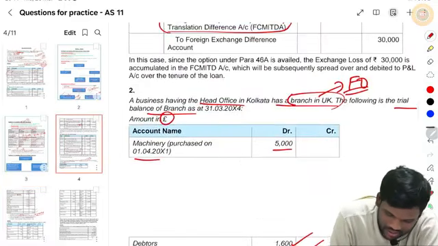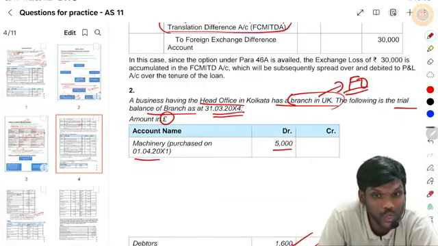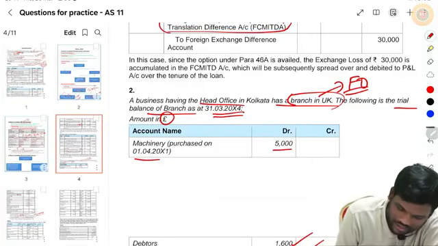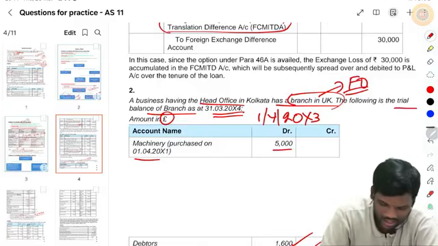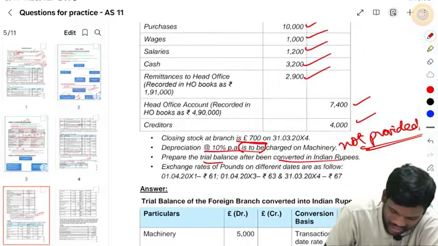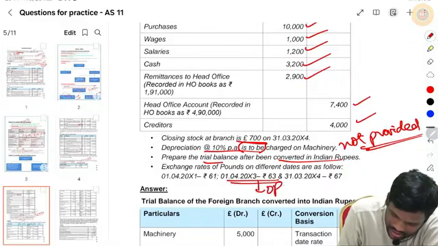The question says their year end is 31st March 20X4. That means the year beginning will be 1st April 20X3. How can it be 1st April 20X1? Then there is a rate given for 1st April 20X3, right? This is the opening rate.